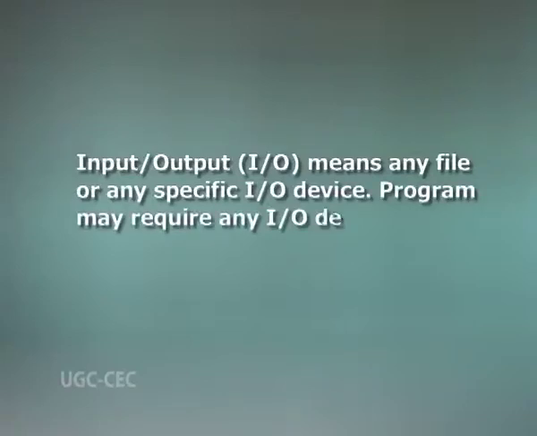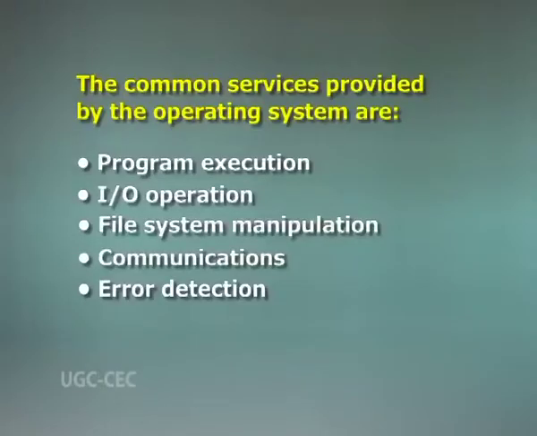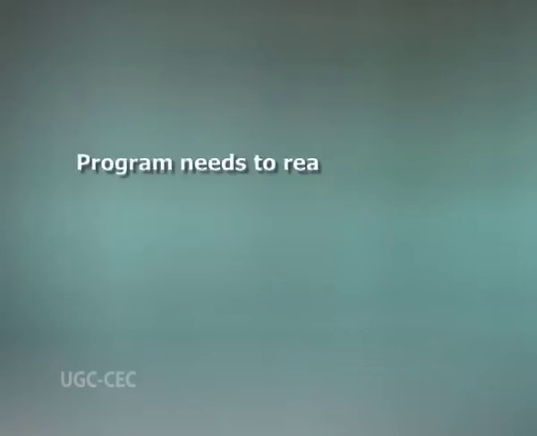A program may require any input or output device while running. So, operating system must provide the required input and output. The third is file system manipulation. A program needs to read a file or write a file. The operating system gives the permission to the program for operation on a file.